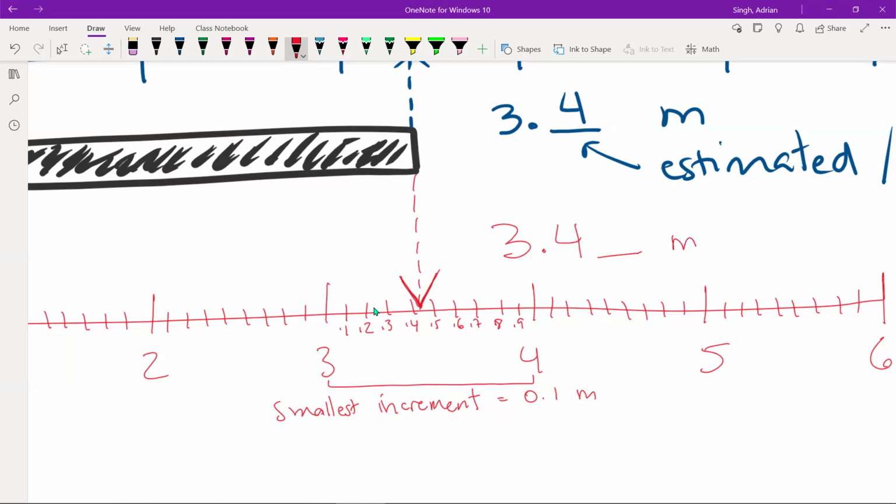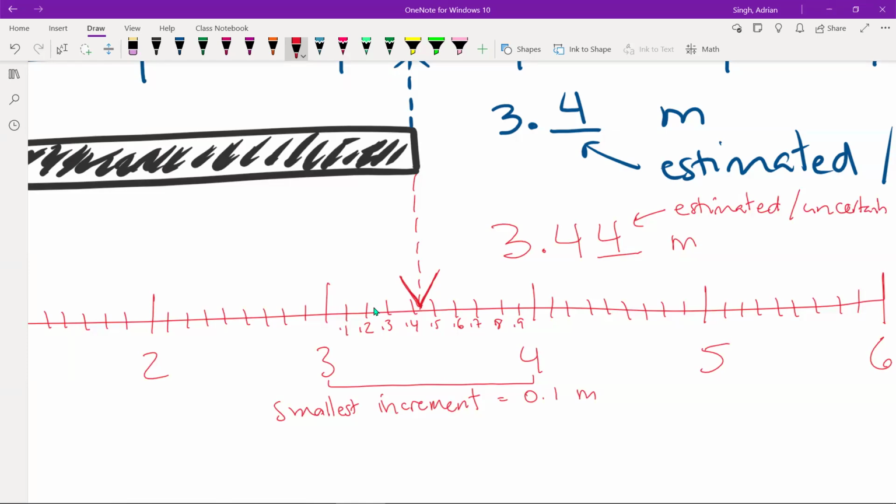So now we can estimate to the 100th place how much between 3.4 and 3.5 it is. Well, it doesn't quite look like it's halfway. So it's not 3.45, maybe it's 3.44 meters. So in this ruler, we can now estimate to the 100th place. So that's your estimated or your uncertain digit.